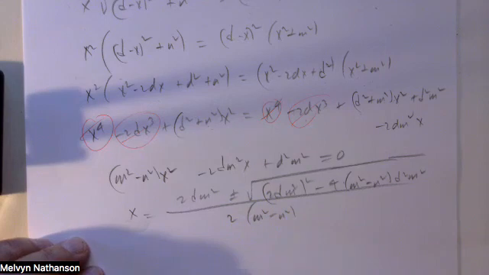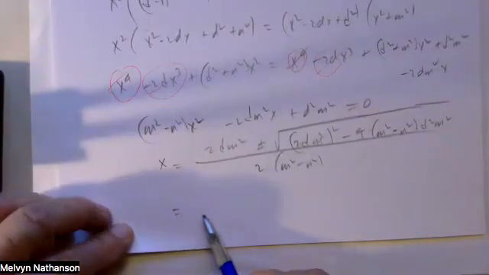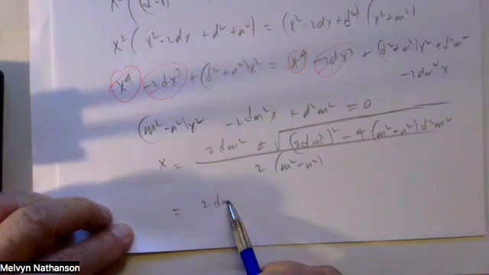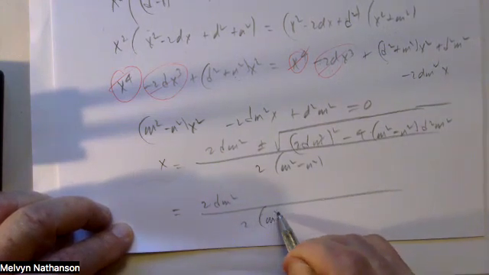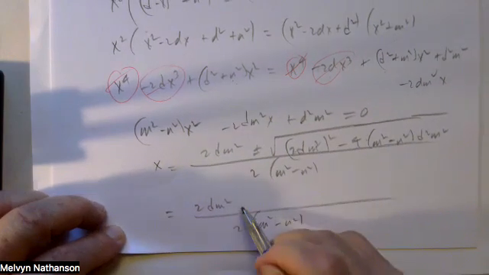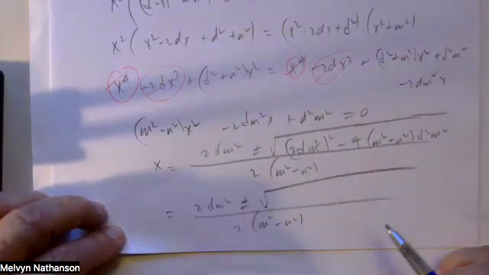I can actually simplify this a little bit because I can factor out a 2d m squared. Now, let me expand this a little bit more. This is 2d m squared over 2 (m squared minus n squared) plus or minus the square root.